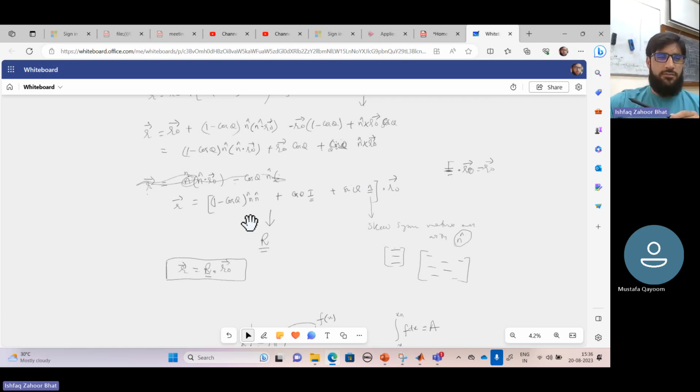Not just like a vector, which has some direction and a magnitude in a particular direction. That is not going to be the case. Or in 3 dimensions, a vector has 3 components along the x, y, and z axes. But for this tensor, we will see how it is going to be different from a usual vector. So this is a tensor.